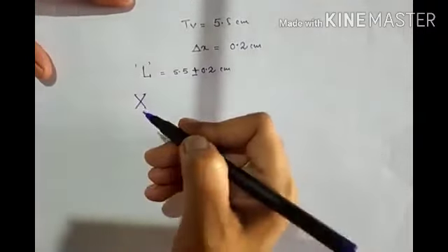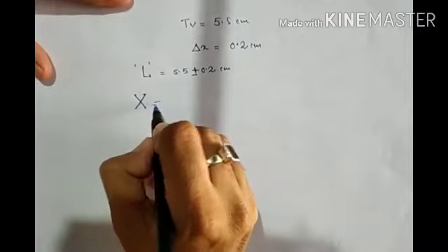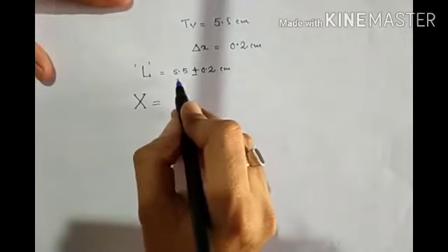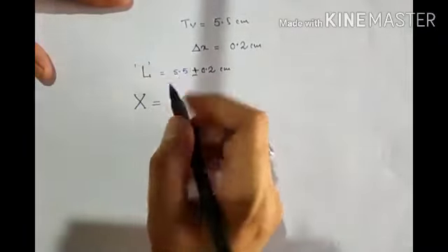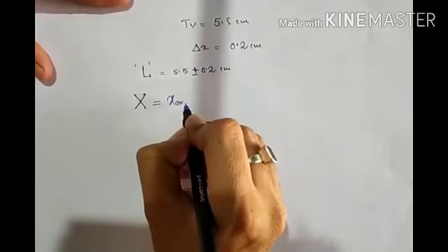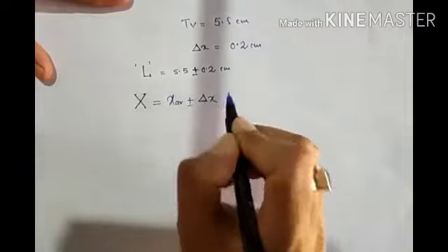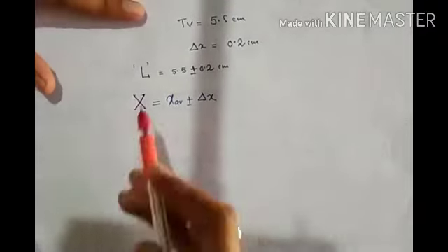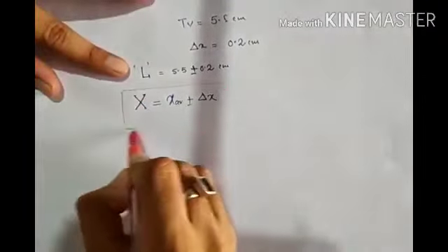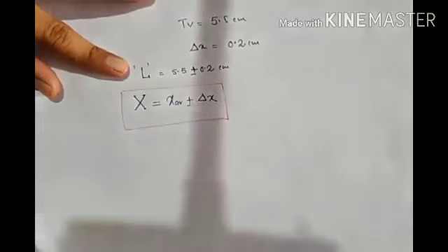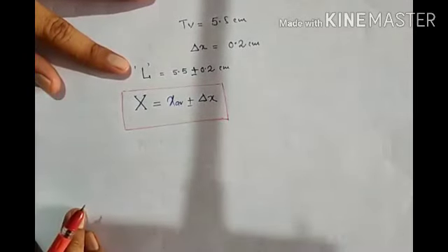Any physical quantity after its measurement can be expressed with the true value, x average, plus minus delta x. You remember, this is the final form of the result.